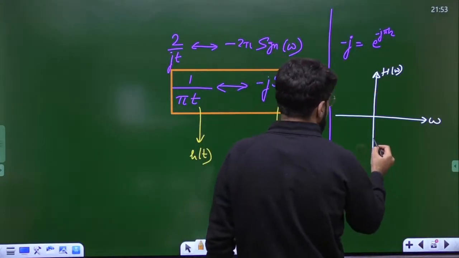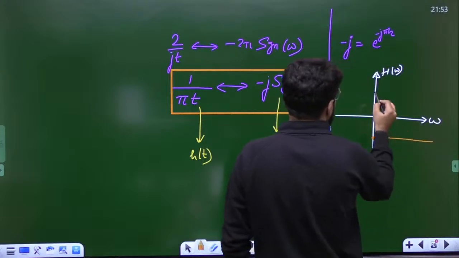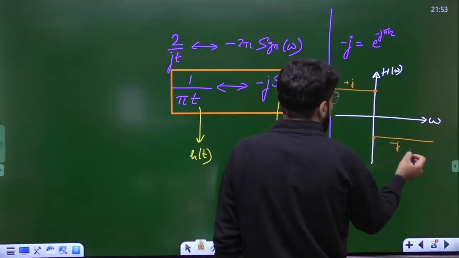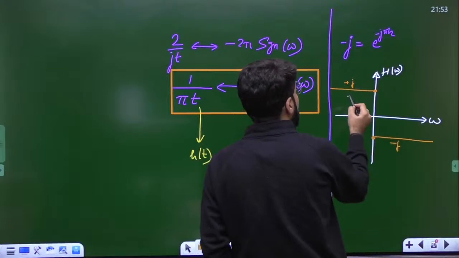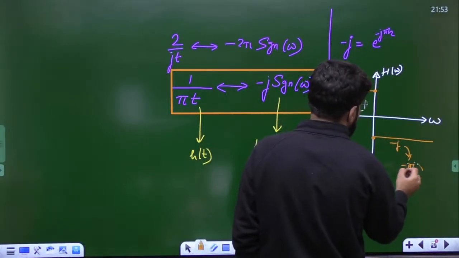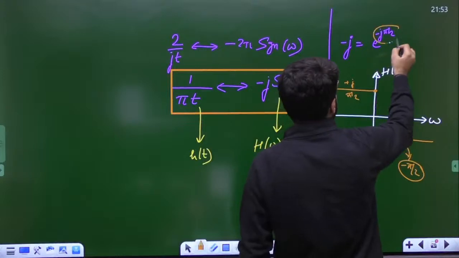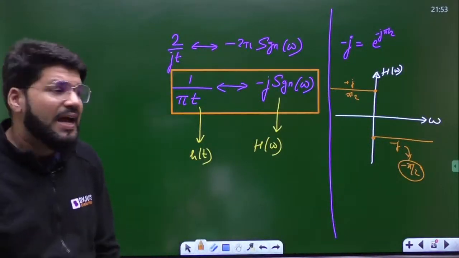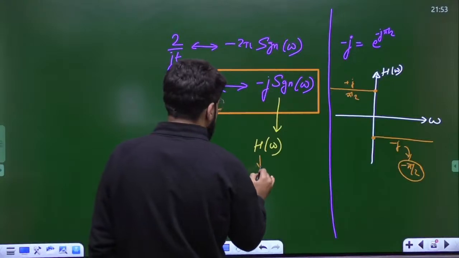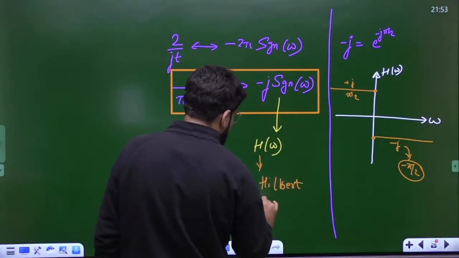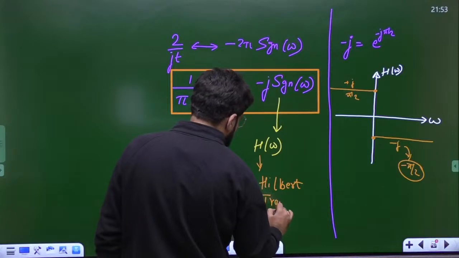Mathematically, plus j corresponds to a phase of plus pi by 2, and minus j corresponds to a phase of minus pi by 2. Pi by 2 phase shifter. This is the frequency response h omega of the Hilbert transformer, the pi by 2 phase shifter. This is the Hilbert transformer.